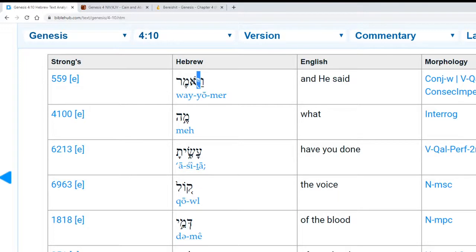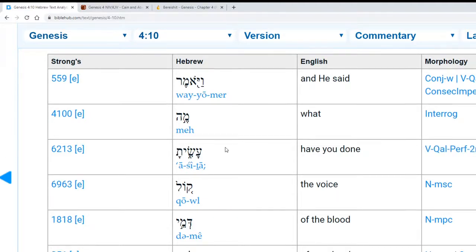The yud is telling us it's an imperfect. Amar me, interrogatory. Usually that's ma, but I guess here it's me. Asita, to do, right? We've had to do, and this is the tav at the end. It puts it in the second person masculine singular. Ma asita, what did you do? What have you done?